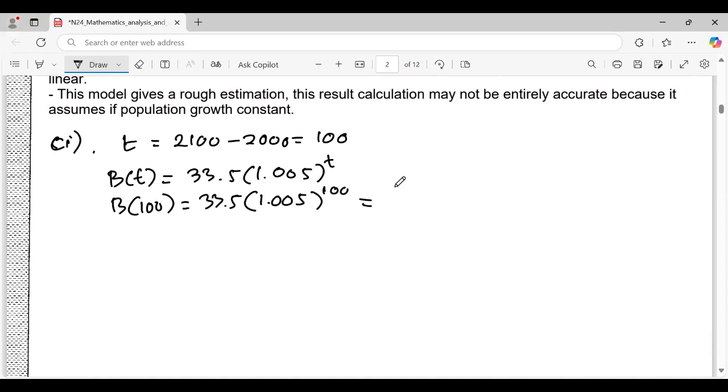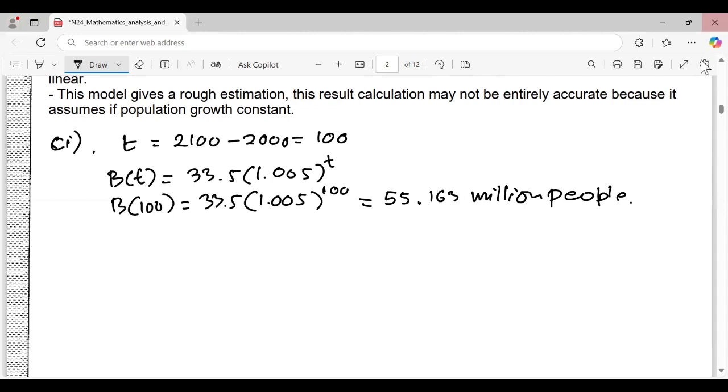And the result is 55.163 million people. Okay, this one. So in 2100, the population in Canada will be 55.163 million people.